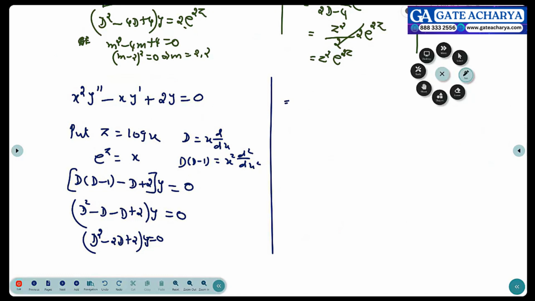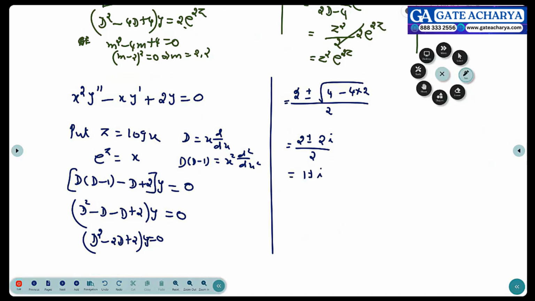Minus b, minus b is 2, plus or minus square root of b square, 2 square is 4, minus 4ac, so 4 into a into c, divided by 2a. That is 2 plus or minus square root of 4 minus 8. 4 minus 8 is minus 4, that is 2i. 2i by 2, that is 1 plus or minus i.